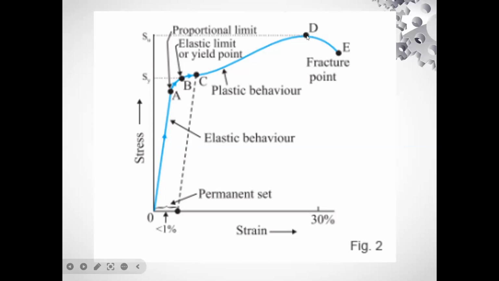So up to this place. If your load value goes into the plastic deformation limit, that means you are applying a high load. Then after some time, if the material cannot bear the load, the material is going to fracture.